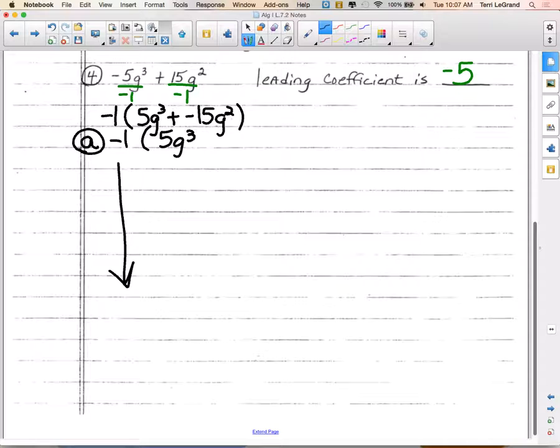Oh, I guess I don't really need my parentheses anymore right now. Remember, in step A, this is where we take each of our terms and factor them out with their prime factorization. So go ahead, factor 5g cubed and factor negative 15g squared to their prime factorization.